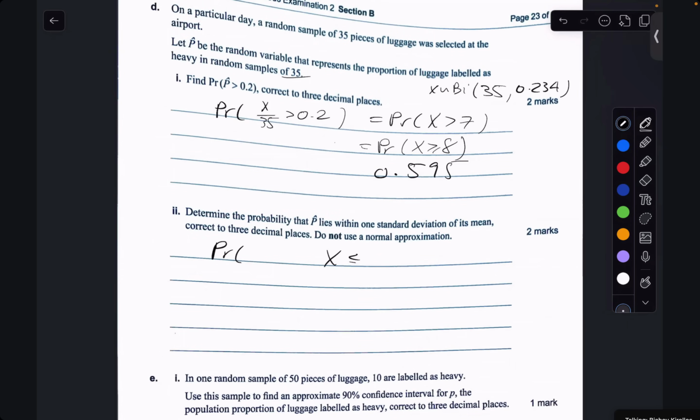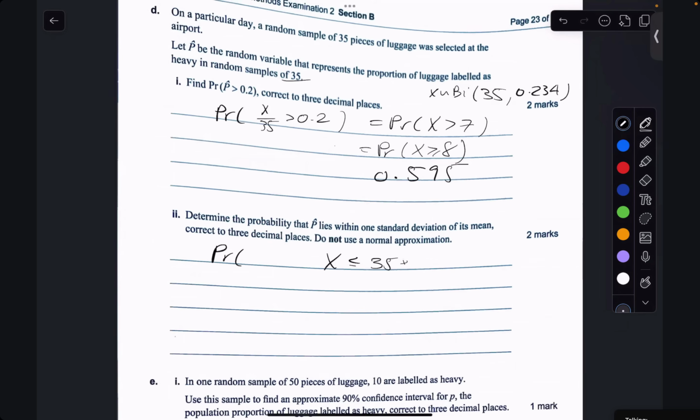So the mean is 35 times 0.234, and then 1 standard deviation would be the square root of 35 times 0.234 times 1 minus 0.234.